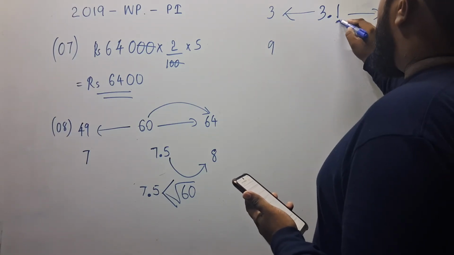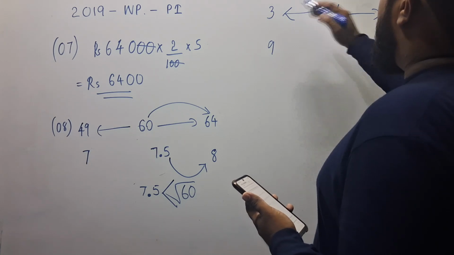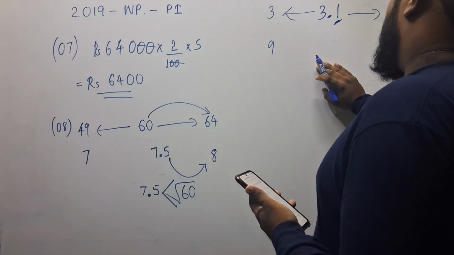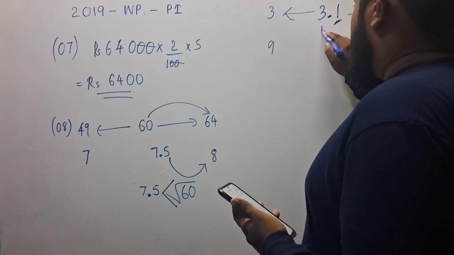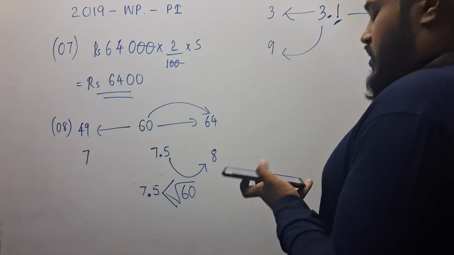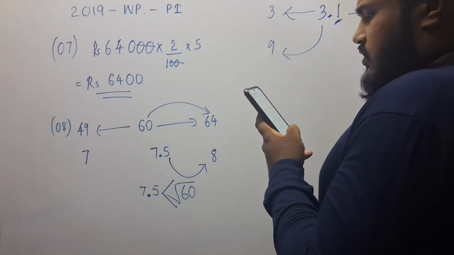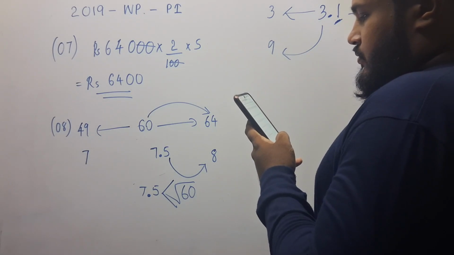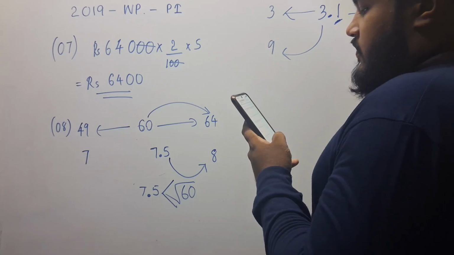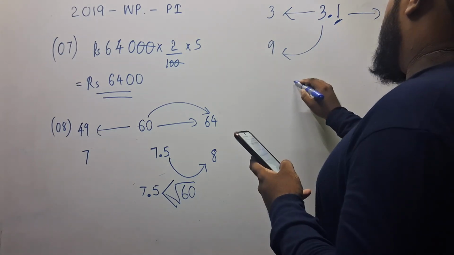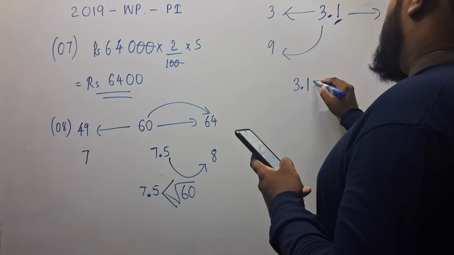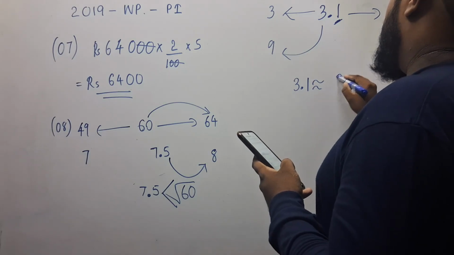Because this is 3.1, it is closer to the previous square, so it's closer to the square root of 9. So what is the answer? Nearest perfect square: we can write 3.1 is approximately the square root of 9.